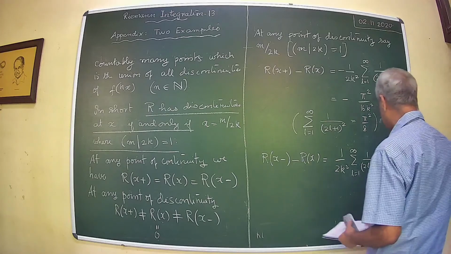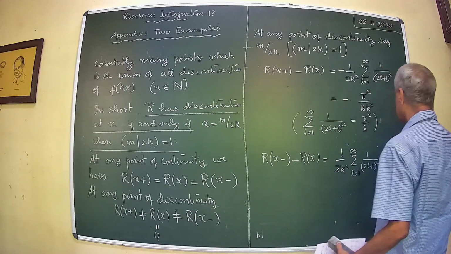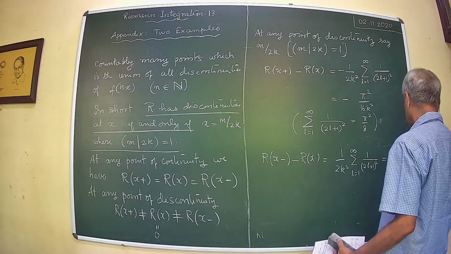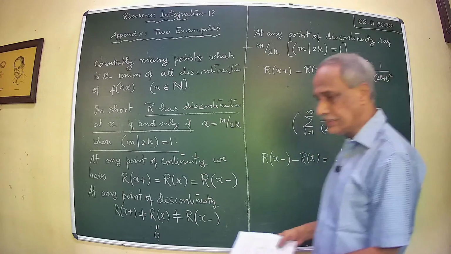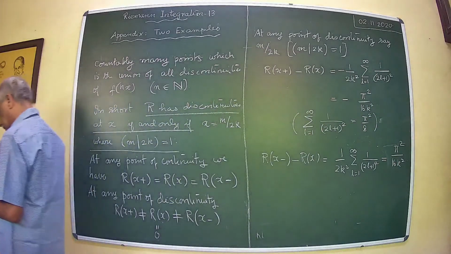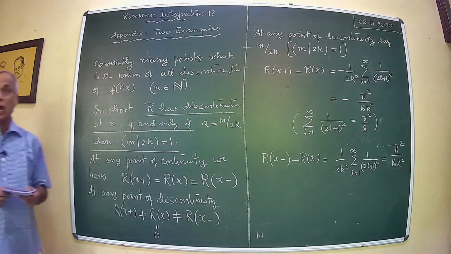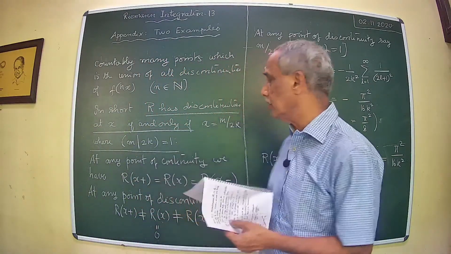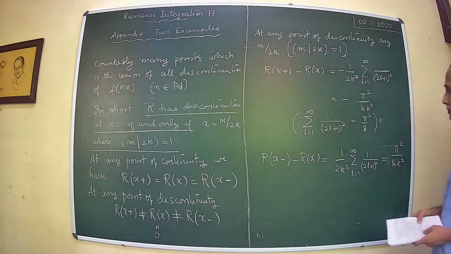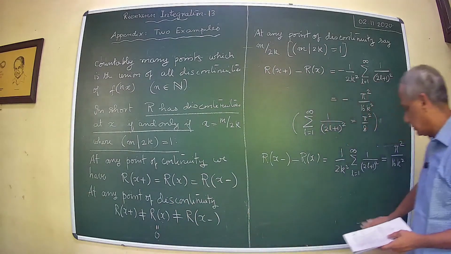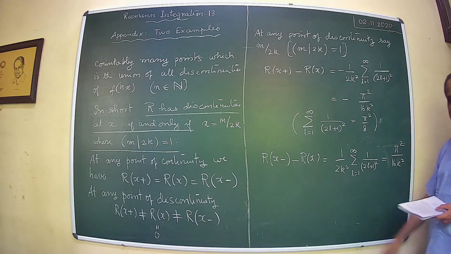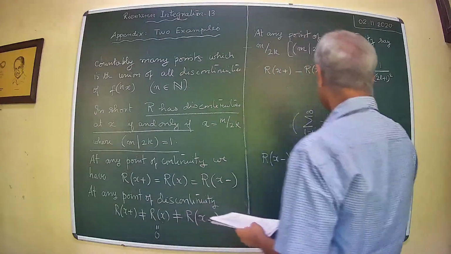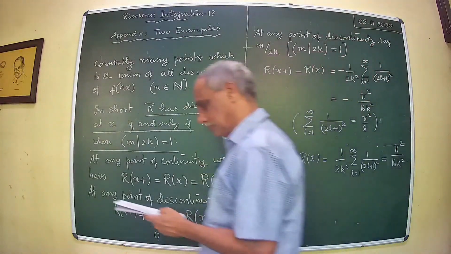I think you need a little bit of work here, with pi square. So we have estimated the magnitude of the discontinuities at the points of discontinuity. First of all, we found out what the points of discontinuity are, and at those points we have actually computed the quantum of discontinuity.